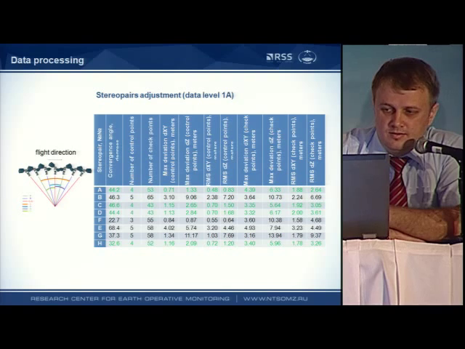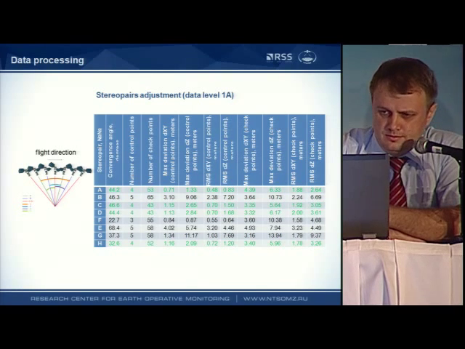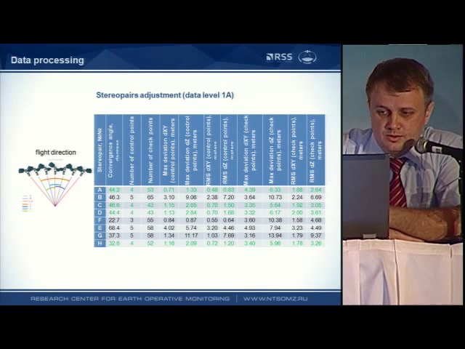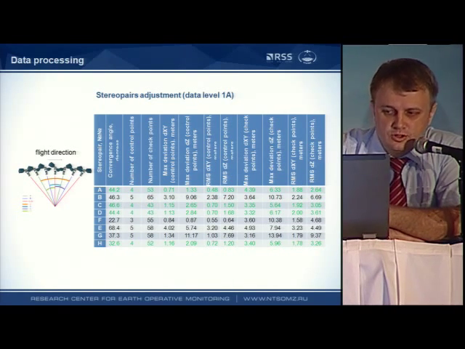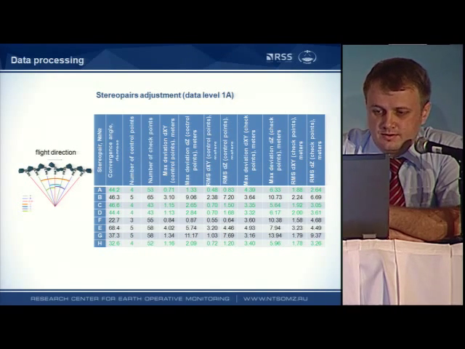As you can see, the error level in terms of maximum values can reach, for all stereo pairs, 4 meters for position, and for altitude or height up to 11 meters.